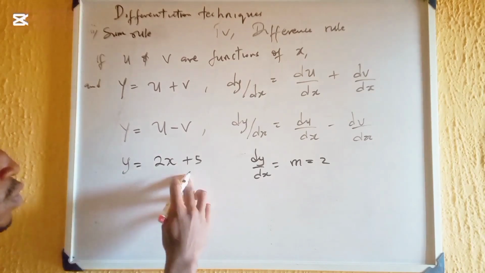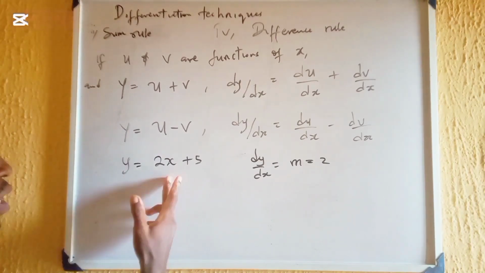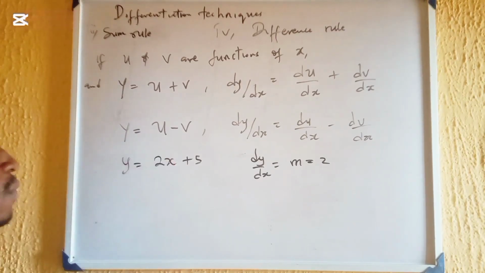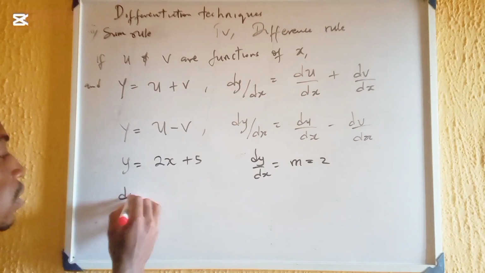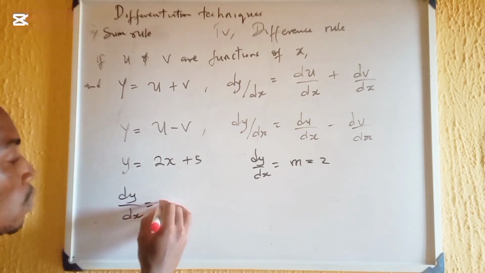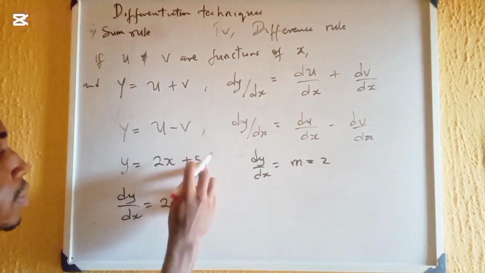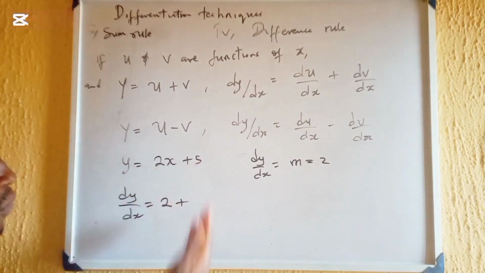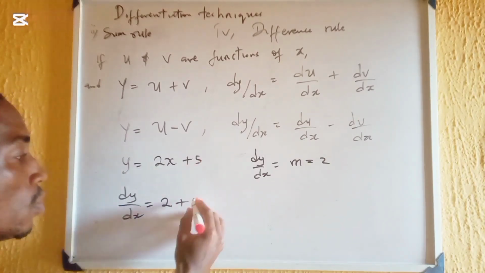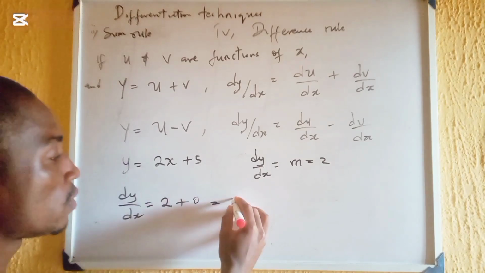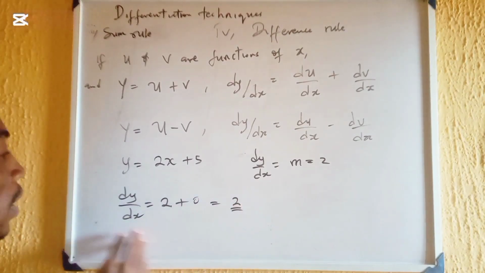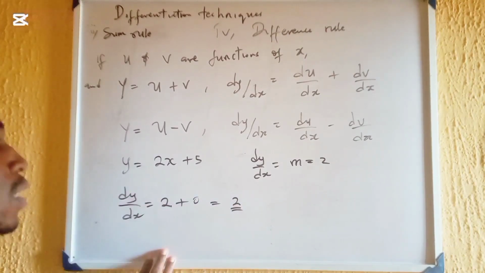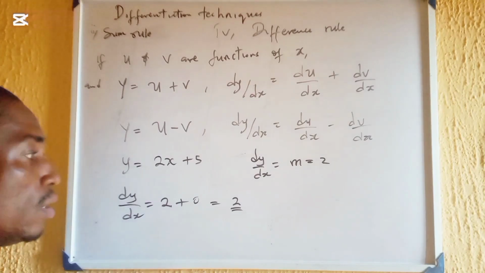Here, 2x is a monomial function. So differentiating this, dy/dx is equal to 2 plus the derivative of 5, which is a constant function. Because it's a constant function, the derivative will be 0. So we are having 2 plus 0, and that gives us 2. So you can see that dy/dx is the same thing as du/dx plus dv/dx.